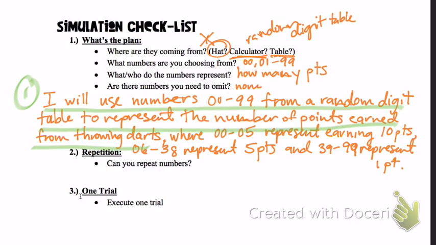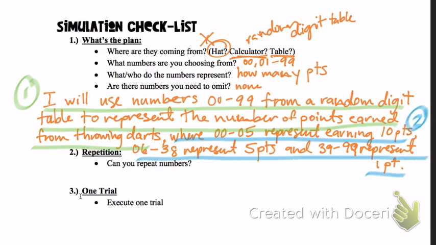So when I pull 1 from a hat or something, what does that tell me? It tells me that I'm earning 10 points. Then the second part of that sentence is assigning the numbers, telling me what numbers correspond with what.